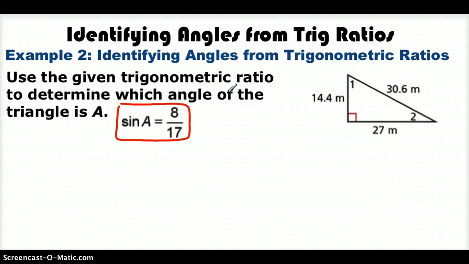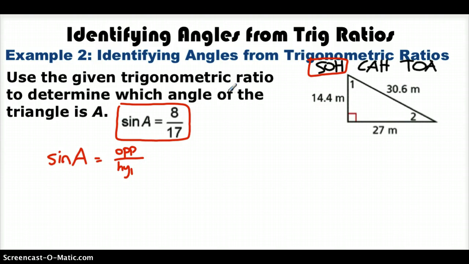We're still going to remember SOHCAHTOA, and you're going to hear me say that a million times, and you'll probably make fun of me for it, but that's okay. I can handle it. This time we're thinking opposite over hypotenuse, so the sine of A equals the opposite over hypotenuse.